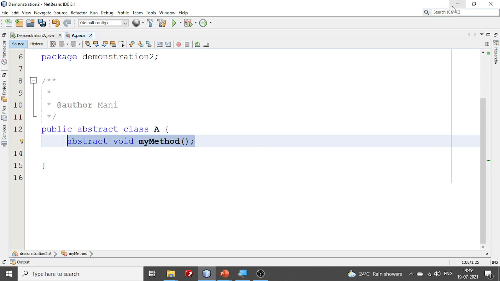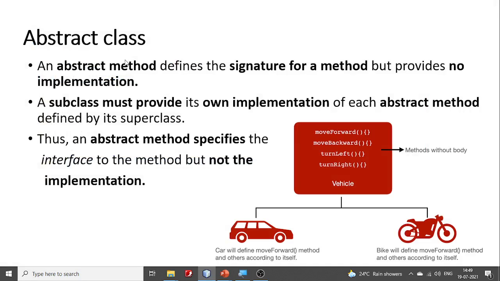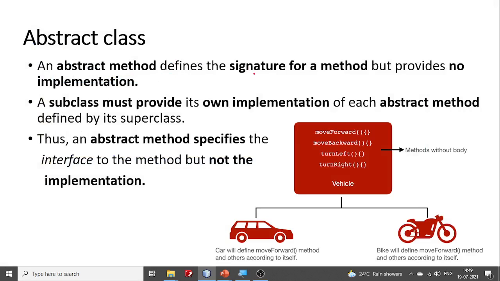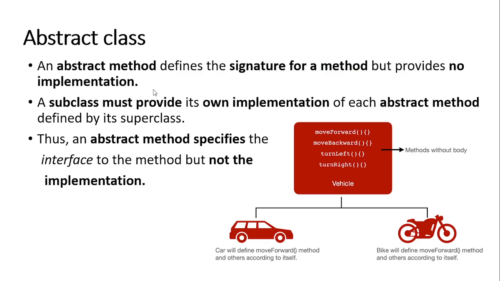An abstract method just provides a signature of the method but does not provide any implementation for it. Now, the class that implements this abstract class must provide its own implementation.